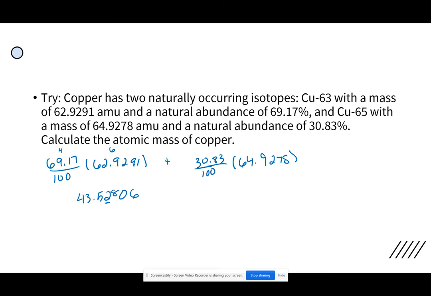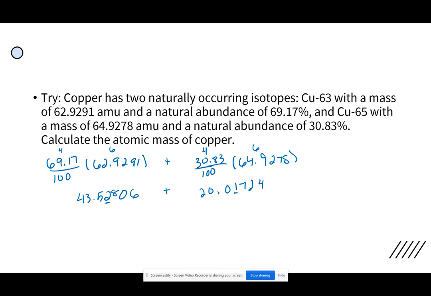For my copper 65, I get 20.01724. Again, my percent had 4 significant digits. My mass had 6. So we go with the fewest. I'm going to underline my fourth significant digit.